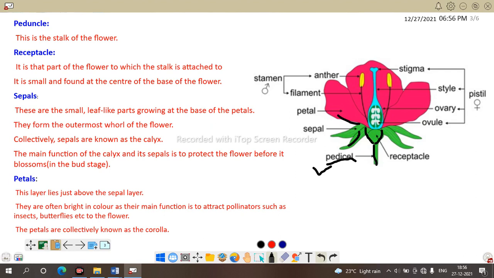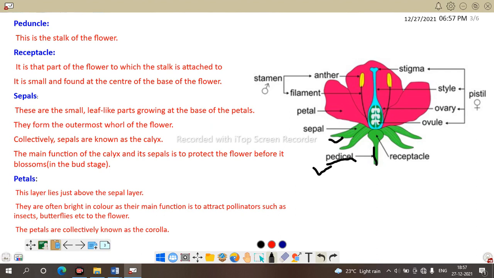Next is the sepal. These are the small leaf-like parts growing at the base of the petals. Here, these green colored structures are sepals, which arise from the base of the petals.